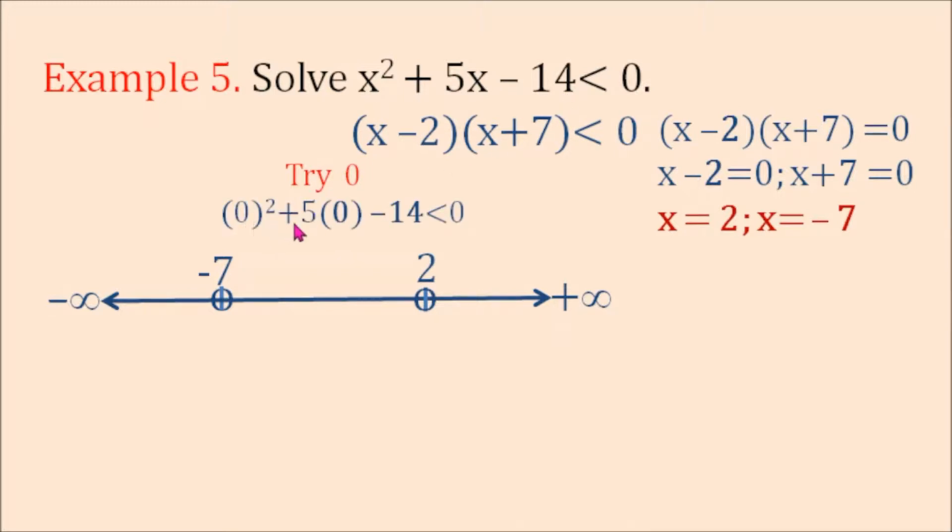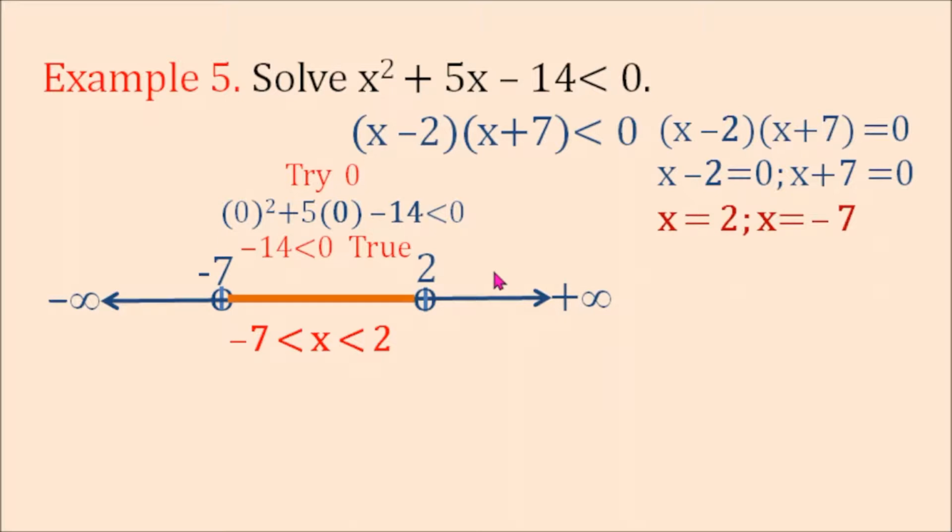Simplifying this part, that will give us negative 14. And negative 14 is less than 0 is true. So meaning to say, this interval here is a solution. So this is from negative 7 to 2.